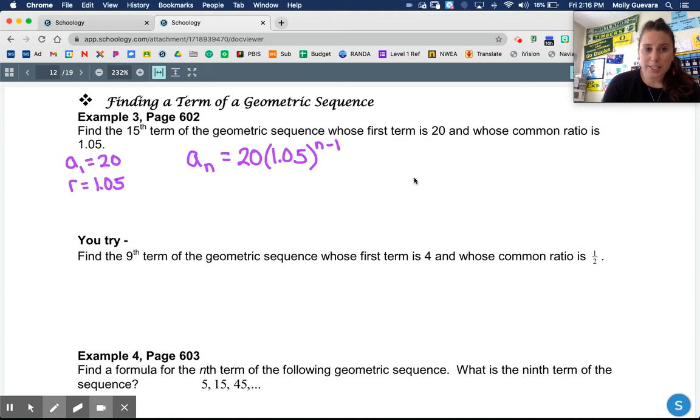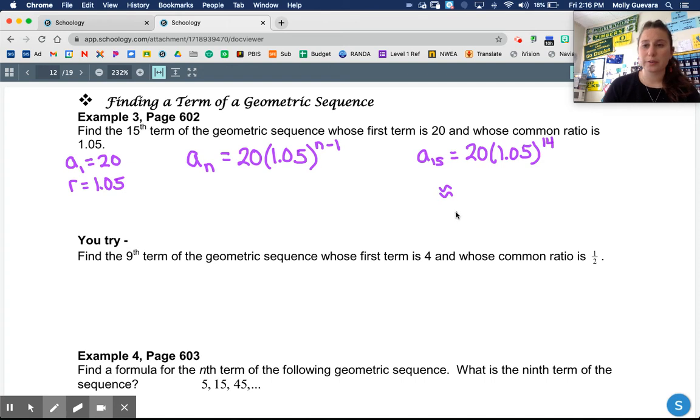Now I can find any term, but specifically I want to find the 15th term. So I'm going to plug in 15. And I have 20 times 1.05 to the 15 minus 1, which is 14. And this is something I can just enter into my calculator.